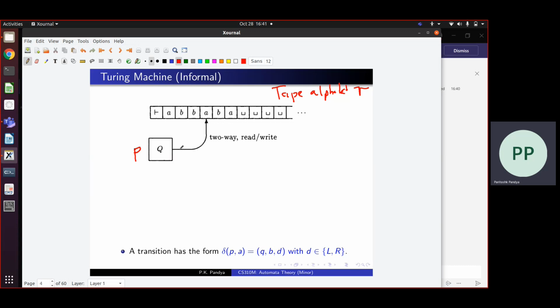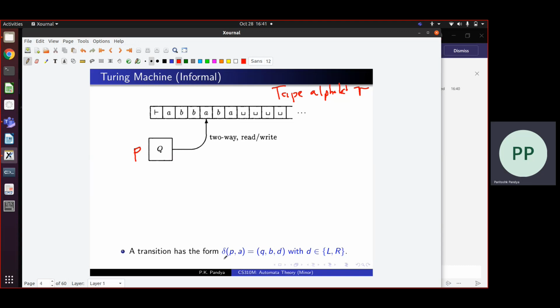So what the Turing machine can do is, based on the current state, it has a head which is positioned at one of the cells, and it can read the symbol in the current cell. Based on the current state of the finite state control and the current symbol being read, the Turing machine makes a move.